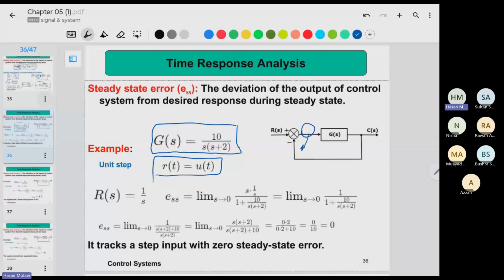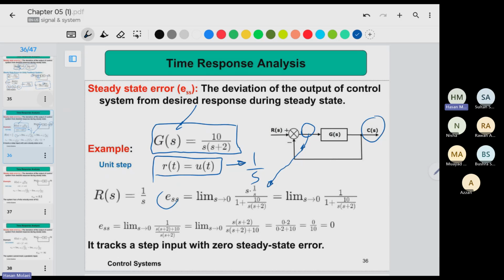So this is an example to see how it works. Let's say the transfer function of the open loop system is this G(s), second order, and it's inside the feedback, and then we apply the unit step, right? The unit step in the Laplace domain is 1/s, and then we want to see how the error is changing over time, right?